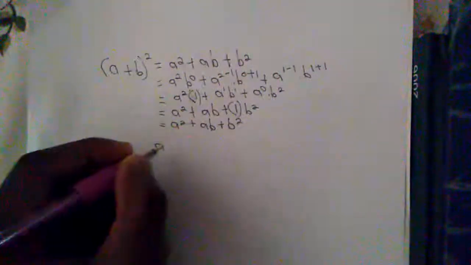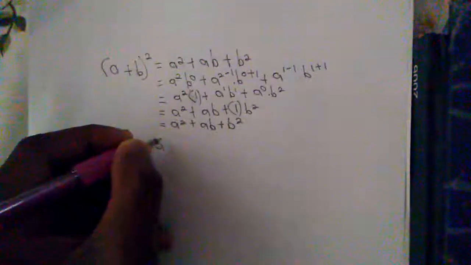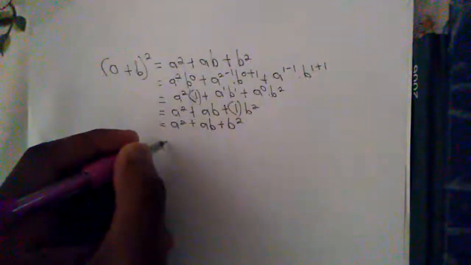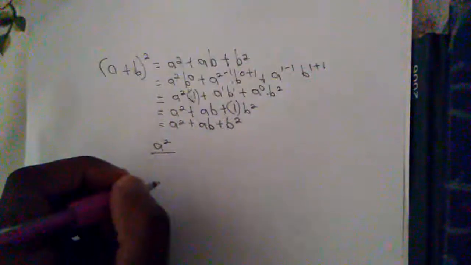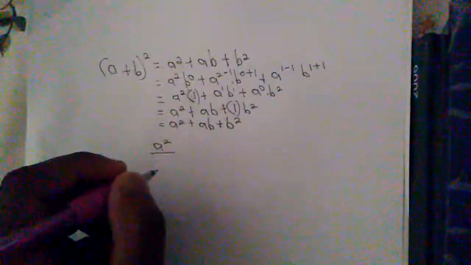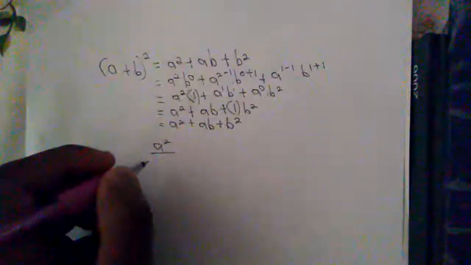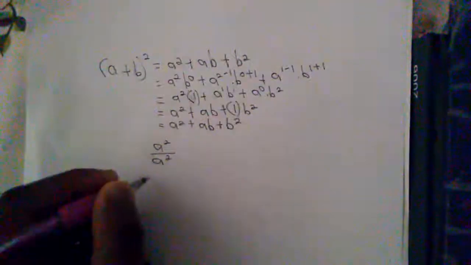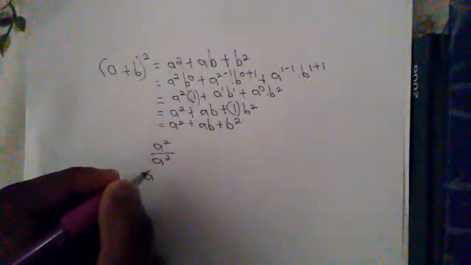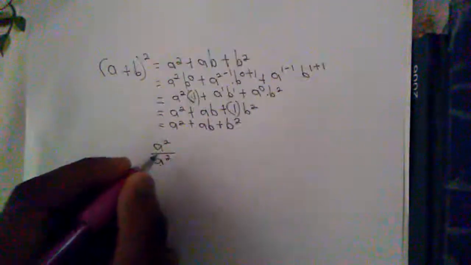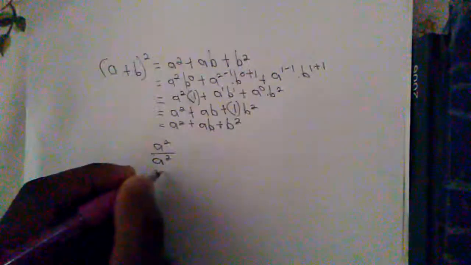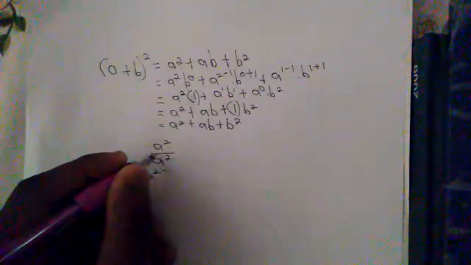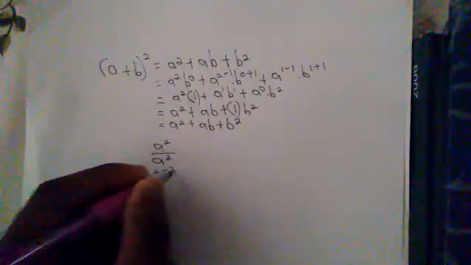According to the laws of exponents, if we divide powers of the same base, we keep the base the same, and then we subtract the exponents.